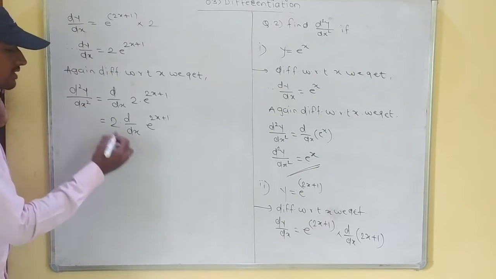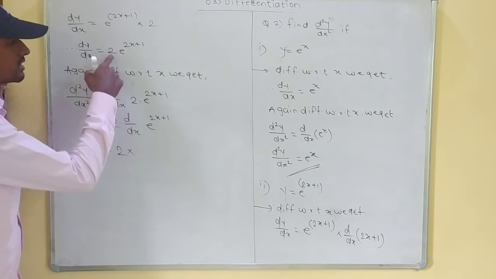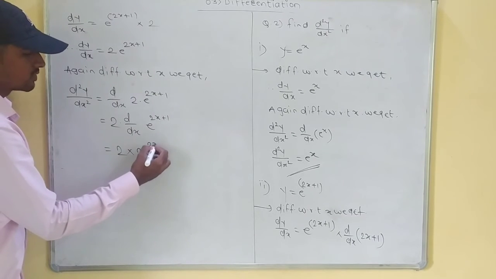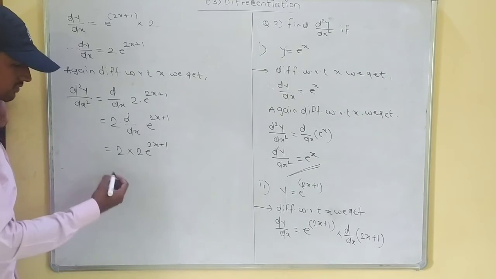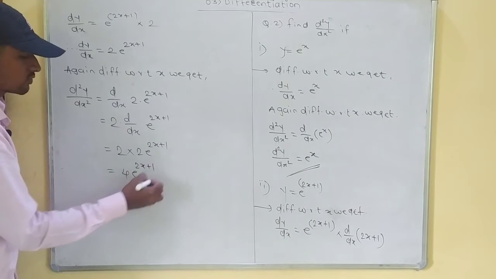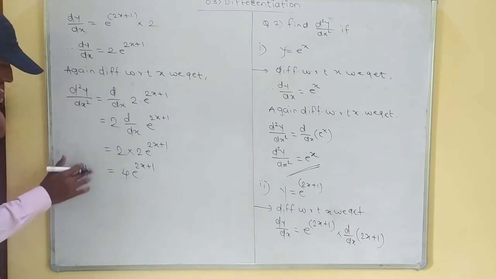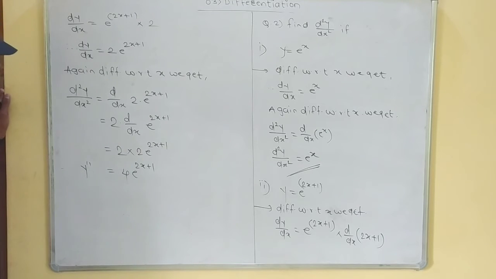So write down this 2 as it is into 2 into e to the power 2x plus 1. So this will become 4 e to the power 2x plus 1. This is the second order derivative. The second order derivative can also be denoted by y double dash, or d2y by dx square.